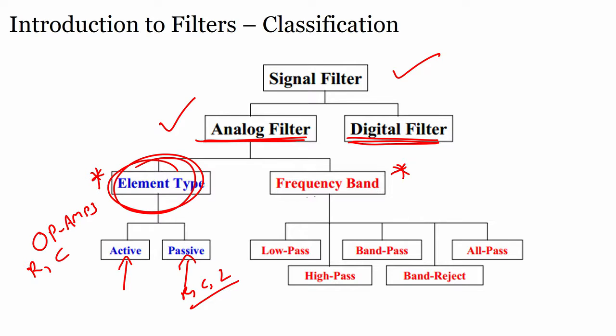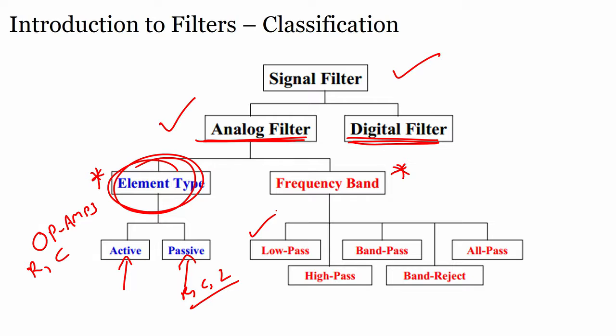Based on frequency band, we ask which band of frequency it will allow to pass and which it will reject, or whether it allows all frequencies to pass. If it allows the low frequencies to pass, we say it is a low pass filter.